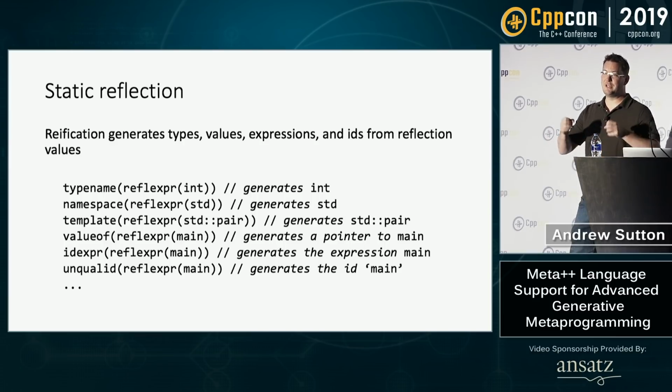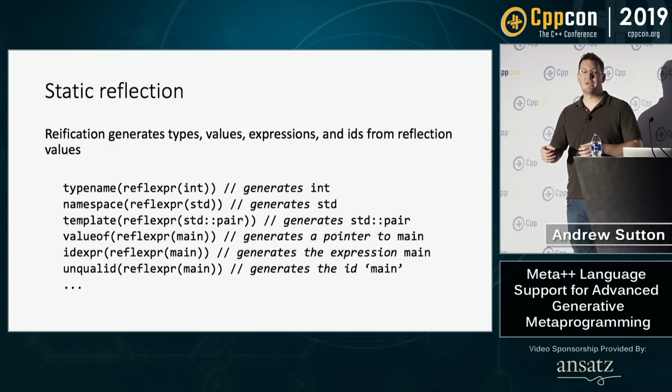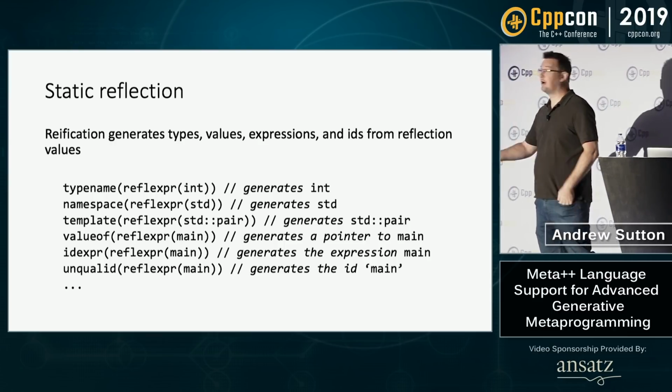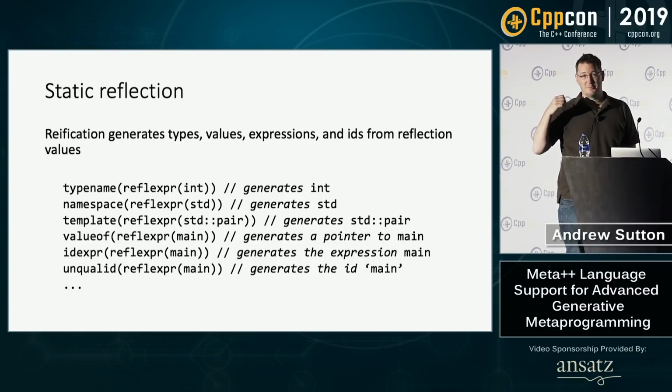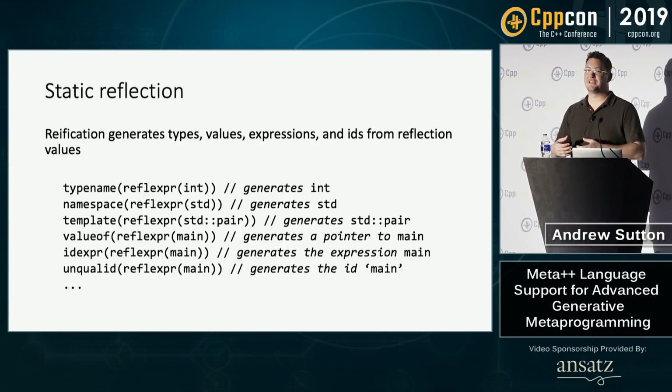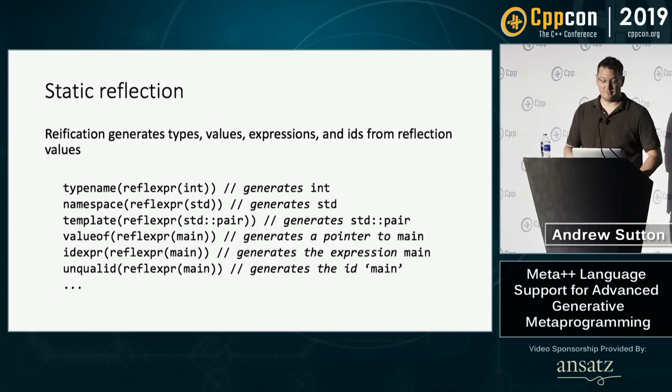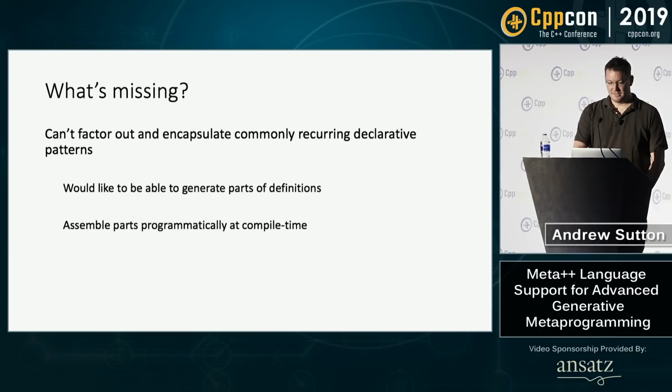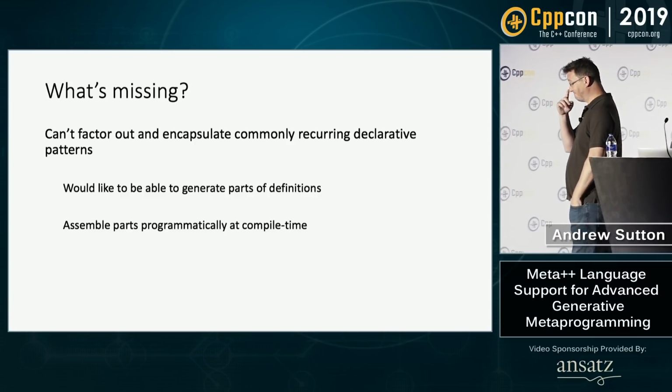And then if I reify that with the typename operator, I just get the type name int, right? So we can generate small terms, which turns out to be very powerful in context. Some of these will actually show up later in the talk. But as far as a real generative tool, these help, but they're not really that powerful in and of themselves. So what's missing?